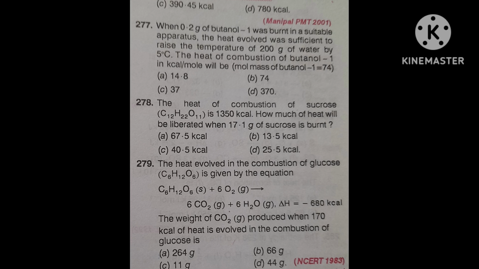First you calculate the molecular mass of sucrose, C12H22O11. The first step is to calculate the molecular mass. After that I will tell how you will solve. C12 means 12 into 12, plus H22 means 1 into 22, plus oxygen means 16 into 11, O11 is there.